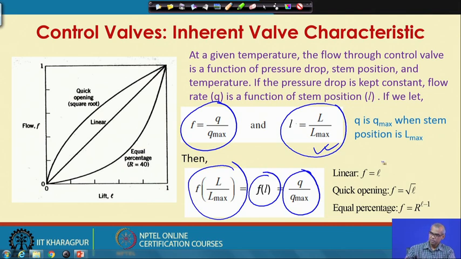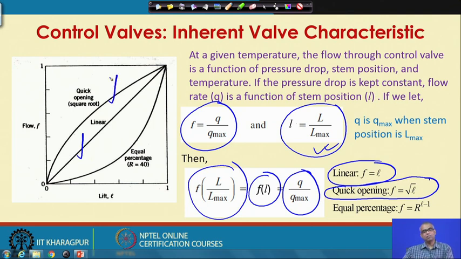For linear, it is f equal to l, so we will expect a linear relationship as shown in the figure. Quick opening is a square root relationship, so you get the quick opening curve as a square root relationship.